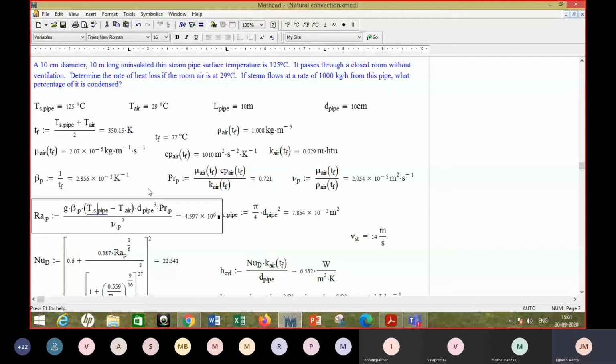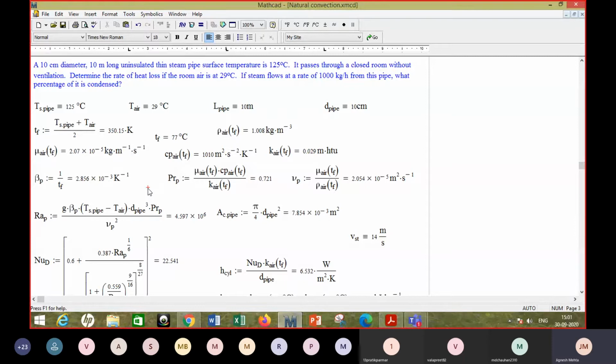So you get beta equal to 2.856 into 10 raised to minus 3 Kelvin inverse. Prandtl number mu Cp by k comes out to be 0.721. For air, generally it is close to 0.7. And then the kinematic viscosity is mu upon rho, so that comes out to be 2.054 into 10 raised to minus 5 meter square per second.